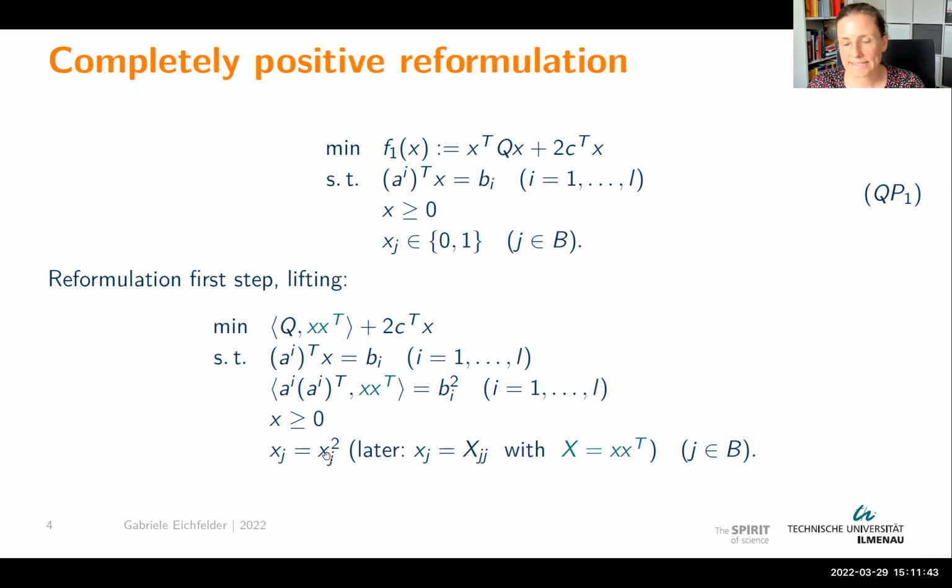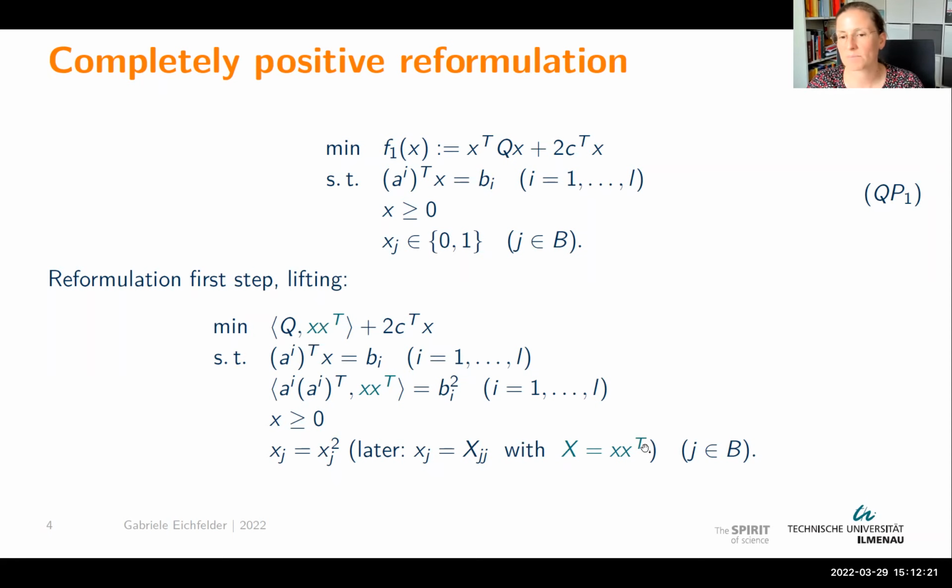What we will do in the next step is whenever this matrix here appears, which is a rank 1 matrix, replace it by the name capital X. And as long as we keep this inside as an additional constraint, it's just a replacement. And then, of course, if we do this, we can here replace x_j to the power of 2 by the entry jj on the diagonal of this matrix X. And if we do this, so we rewrite everywhere where x x transpose appears by a capital X here and there, and we keep this equality here, it would still be a full reformulation, no relaxation.